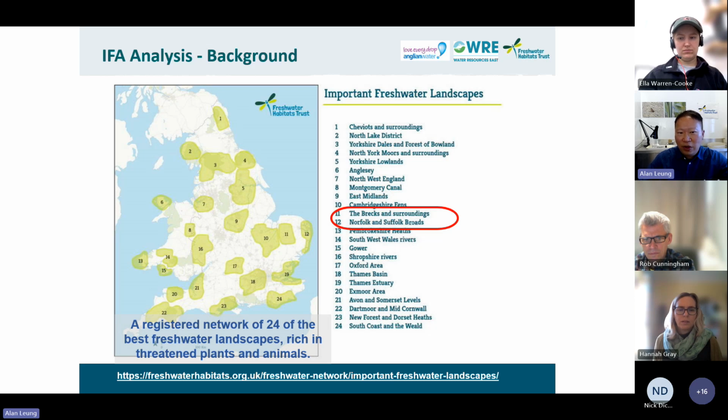As Jeremy mentioned, we have already conducted an IFA analysis for the Brecks, and now we are going to present a study around the Norfolk and Suffolk Broads. But we are not just looking at the Broads; we are looking at the entire Broadland River catchment.